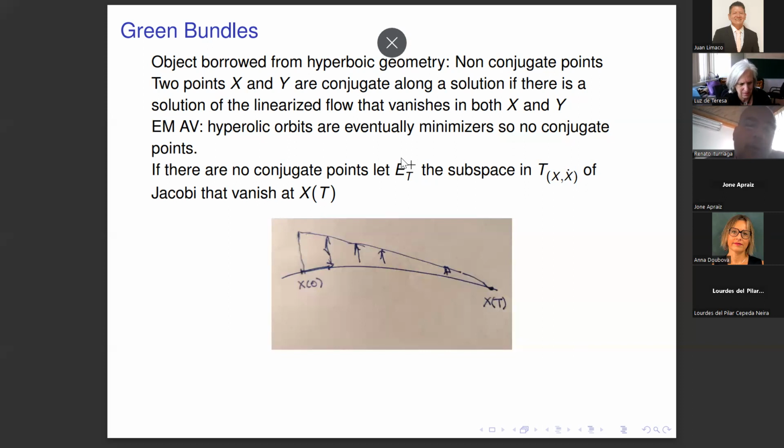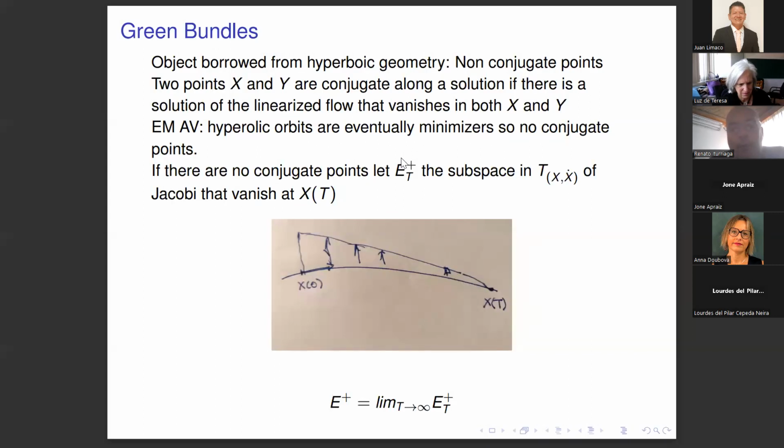And you look for all the solutions that satisfy that, since the solutions are linear. This is a subspace. And if there are no conjugate points, you can prove that the limit of A plus t as t goes to infinity exists, and you call it A plus.